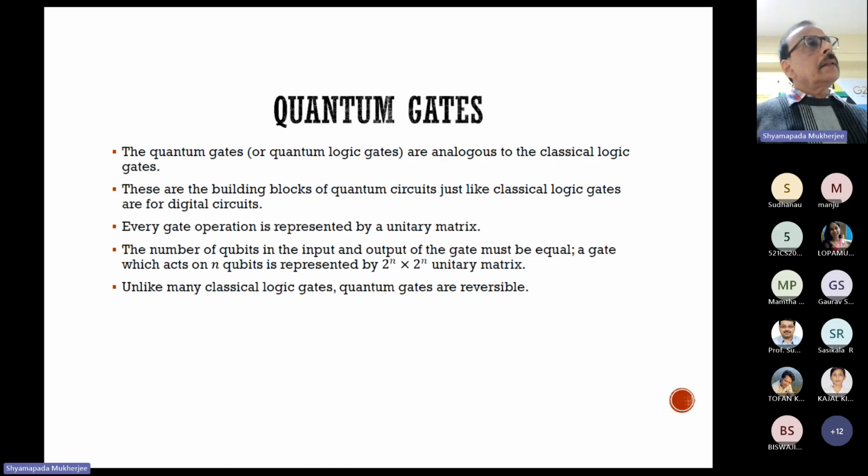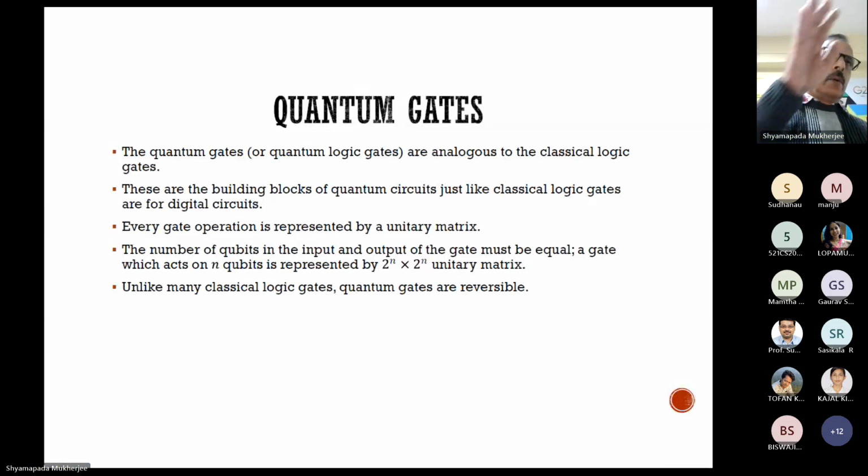Then I have a machine called the probabilistic Turing machine. Similarly, it has been extended to the quantum Turing machine, the quantum Church-Turing hypothesis, and so on.